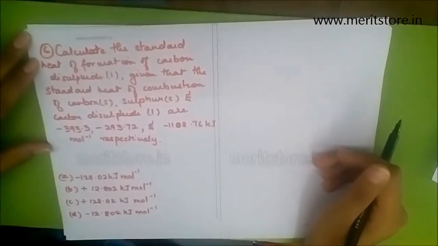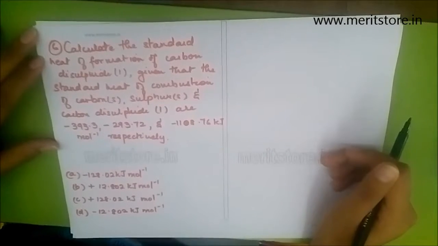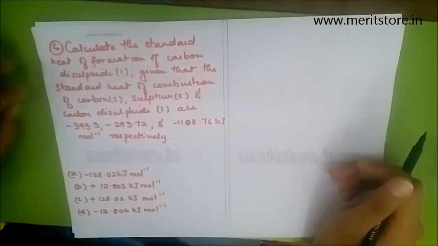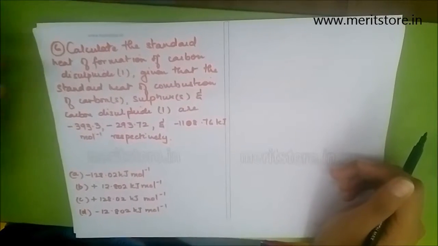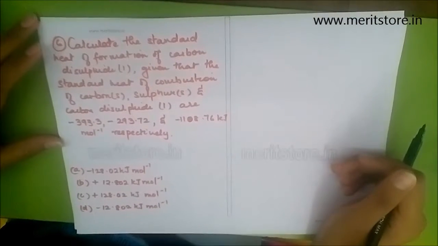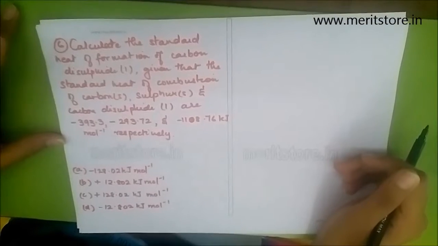Calculate the standard heat of formation of carbon disulfide. Given that the standard heats of combustion of carbon, sulfur and carbon disulfide are minus 393.3, minus 293.72 and minus 1108.76 kilojoules per mole.